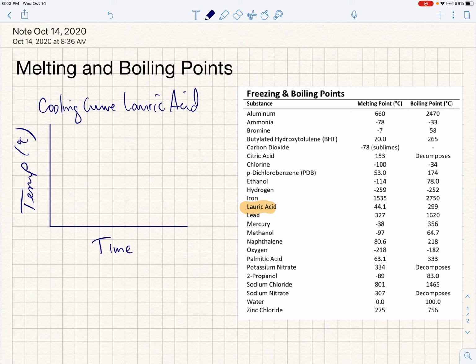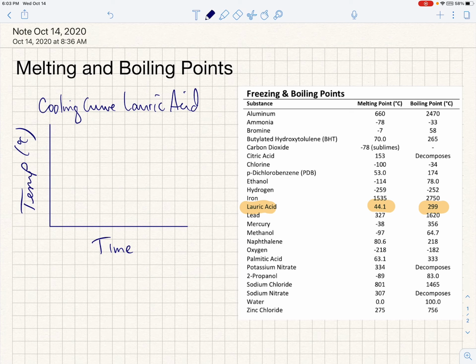And the units for the time here don't matter because we're just sketching a curve. When you look at the data on lauric acid, we notice that it has a melting point of 44.1 degrees. It has a boiling point of almost 300 degrees, 299.